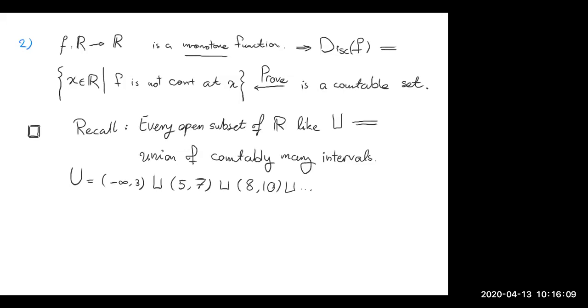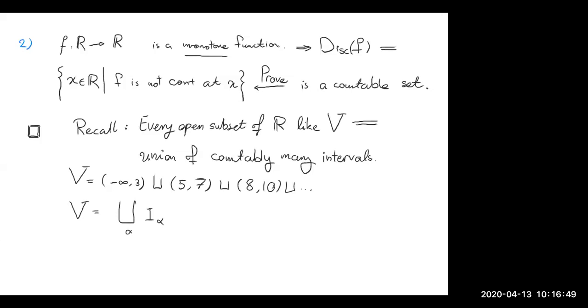And if you remember why they are always countable, the reason was that we first showed any open set is really a union of intervals. Maybe U wasn't the best letter, let me change that because it looks like union. Let's show it with V. Any open set V is a union of some intervals, alpha, we are taking the union over some alpha.